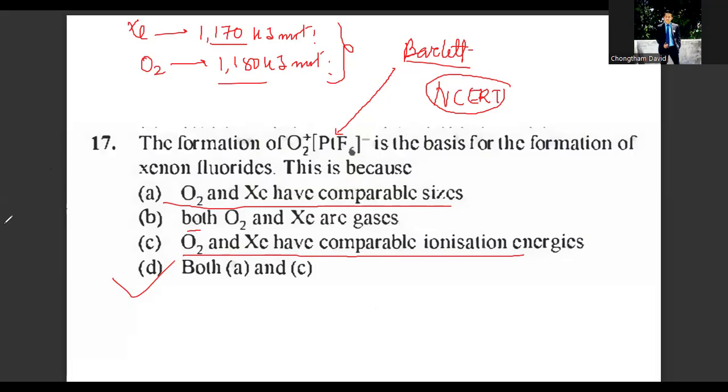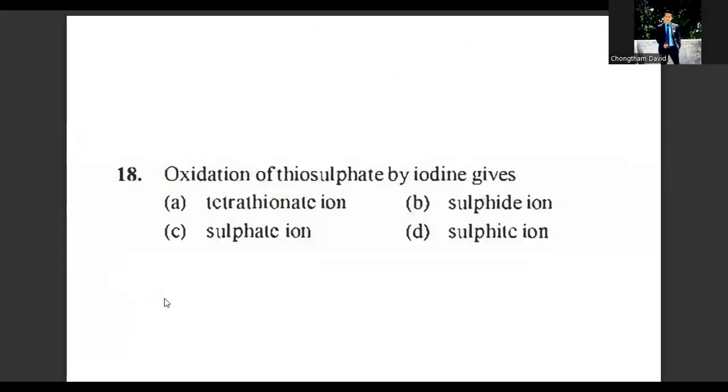Let us give the answer to the next question, question number 18. Oxidation of thiosulfate by iodine gives which of the following ions? Thiosulfate can also exist with sodium. Let us write down the reaction with iodine.